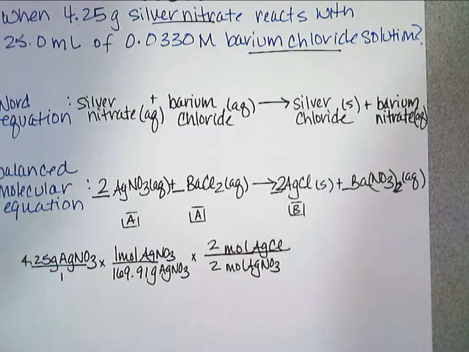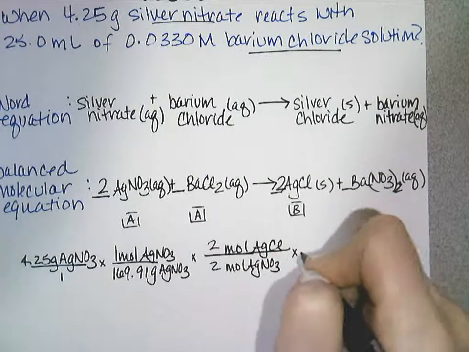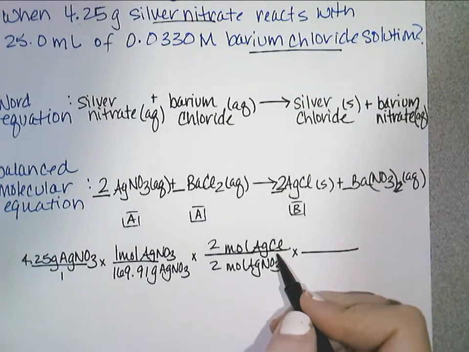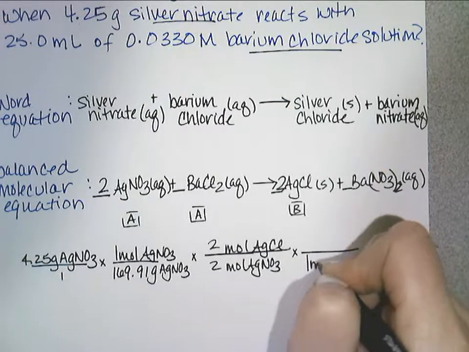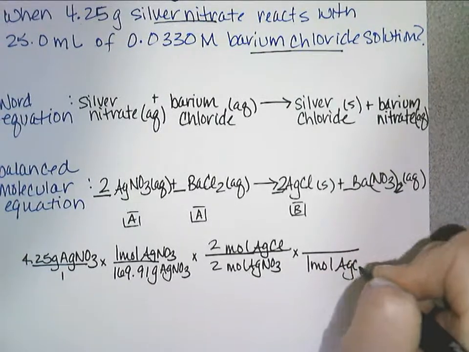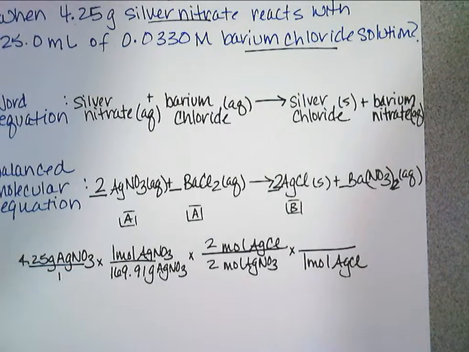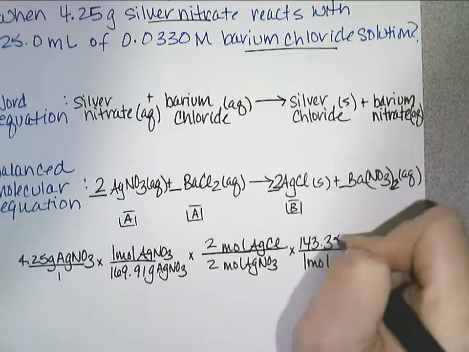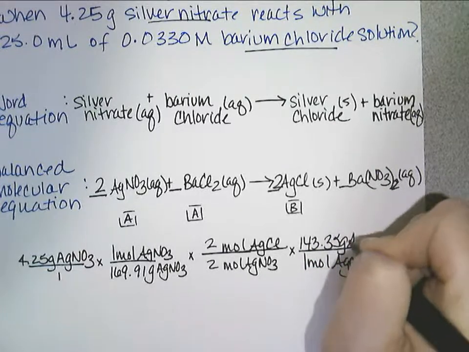So it's a 2 to 2 ratio. And we're going to use the molar mass of the new substance, B, AgCl. So in 1 mole of AgCl, we use the molar mass to convert quantities. The molar mass of AgCl is 143.35 grams in a mole of it.